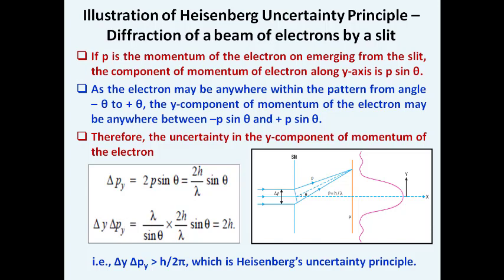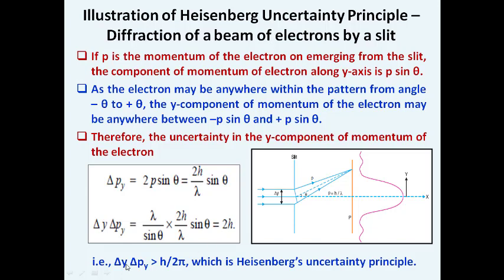Delta y represents the uncertainty in position of the electron after the diffraction, which is lambda by sin theta, and the uncertainty in momentum is 2h by lambda times sin theta. After the manipulation, the product of uncertainty in position and uncertainty in momentum is equal to 2h.